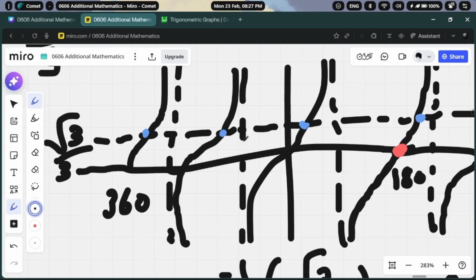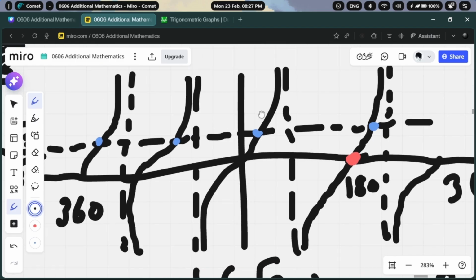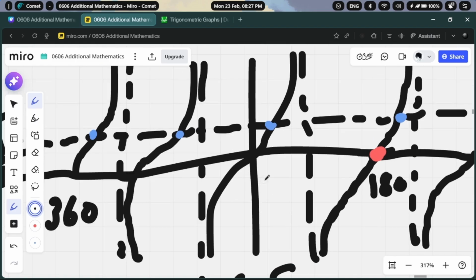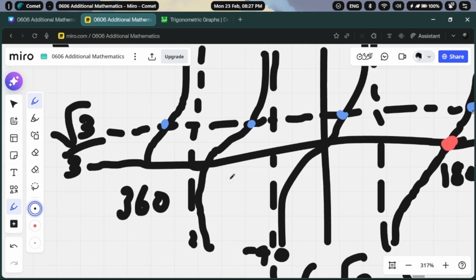Now let's go behind. If you look over here, you have minus 90 for the asymptote. Then you have minus 270 as the asymptote, and then this point over here is minus 180.